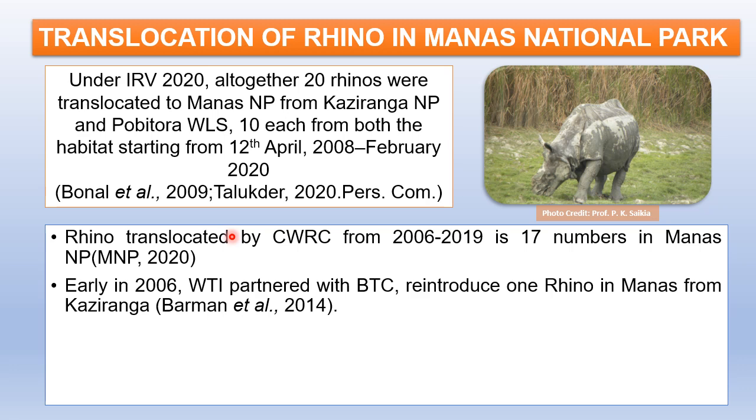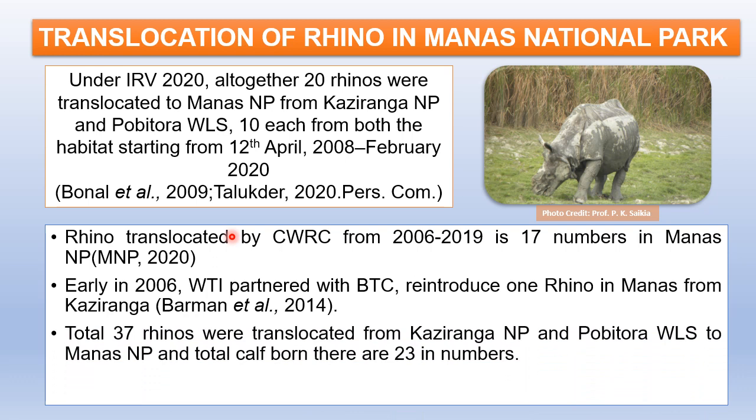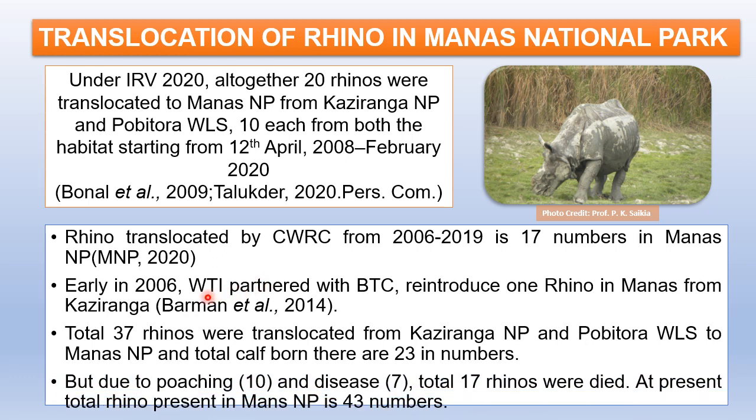Rhinos translocated by the Center for Wildlife Rehabilitation and Conservation from 2006 to 2019 number 17. Early in 2006, WTI partnered with BTC and reintroduced one rhino in Manas from Kaziranga.